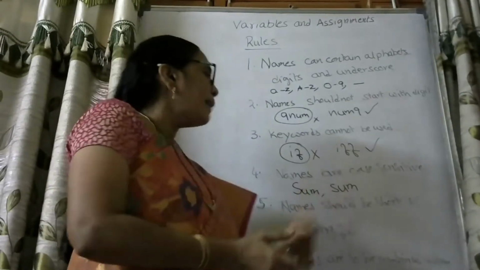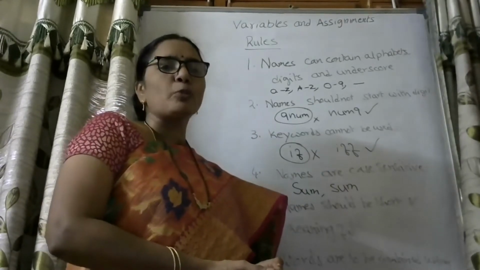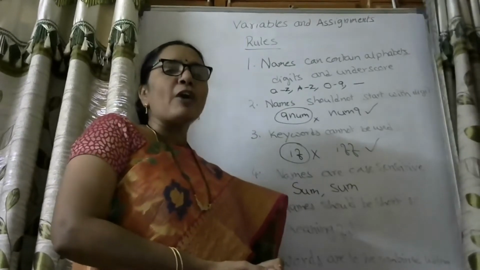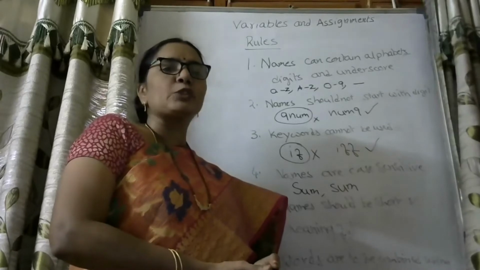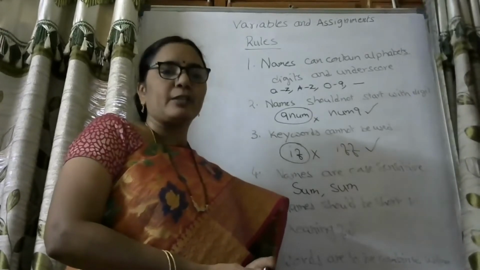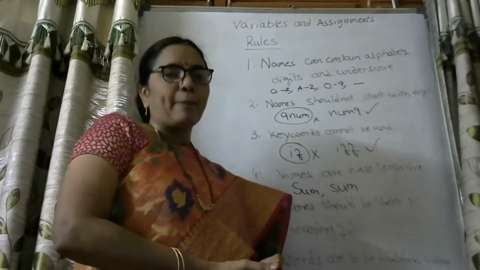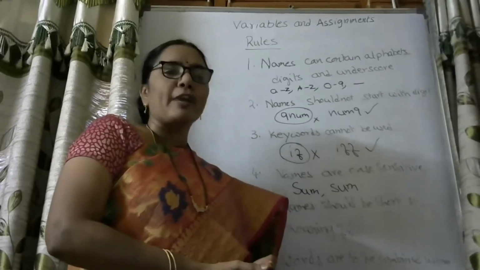Next, name should be shorter and meaningful. If I want to write a variable which stores the price of the product, sometimes I may use P, but P will not tell me more information.